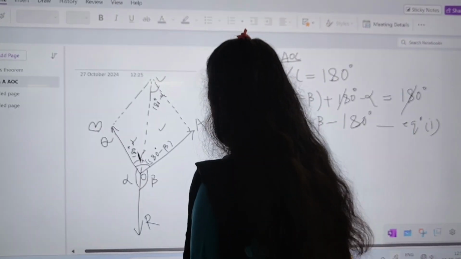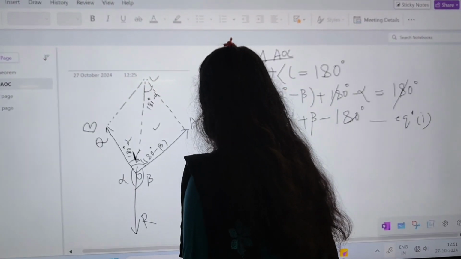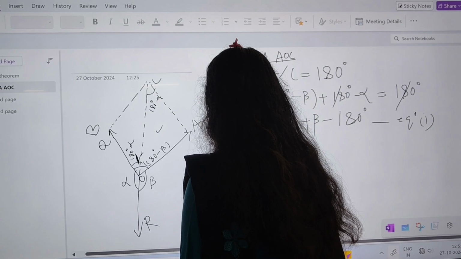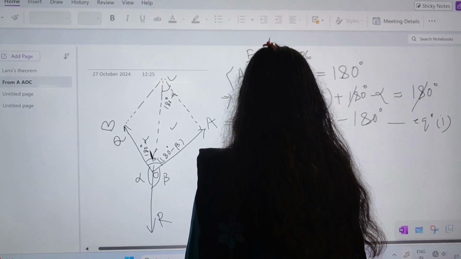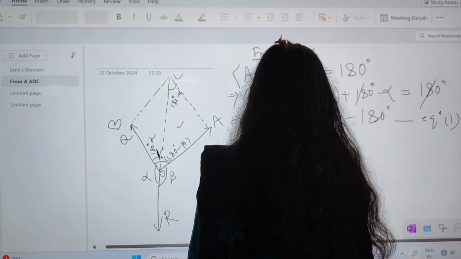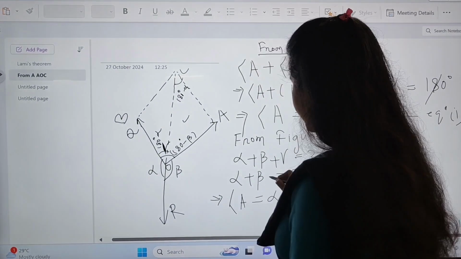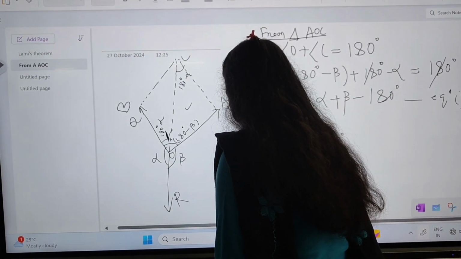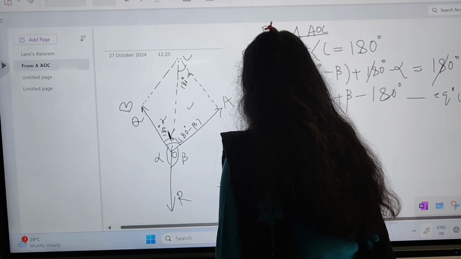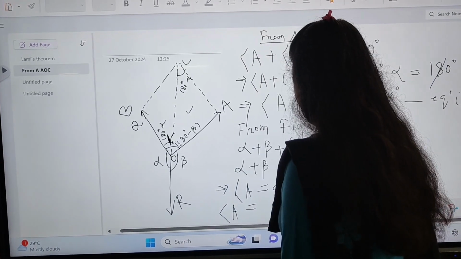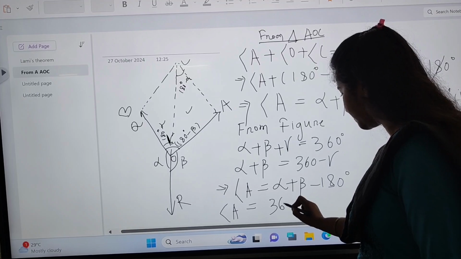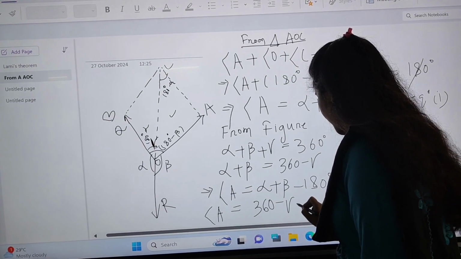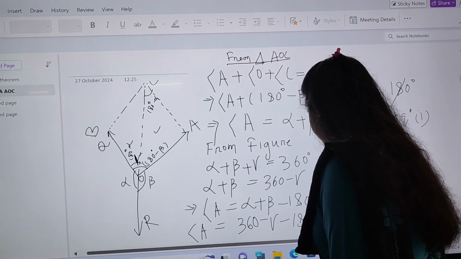Next, corner A is equal to alpha plus beta minus 180 degrees. So we write this value here. Corner A equals alpha plus beta, we write down 360 minus gamma, 360 minus gamma minus 180 degrees.